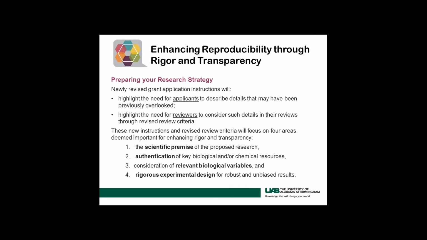And there are some guidelines as to what applicants need to put into their grants to validate that the scientific premise of the proposed research is evident, that there's authentication of key biological and or chemical resources, that there's consideration of relevant biological variables like sex and age and things like that in both animal and human models, and that there's rigorous experimental design for robust and unbiased results.